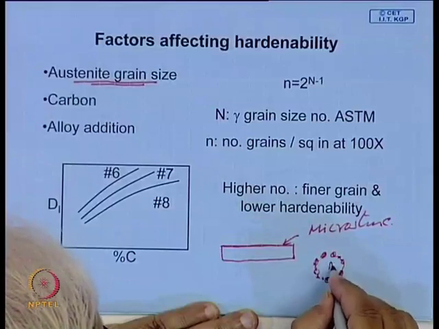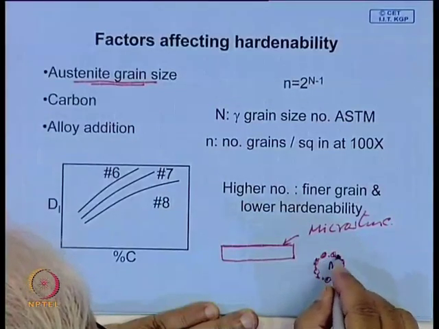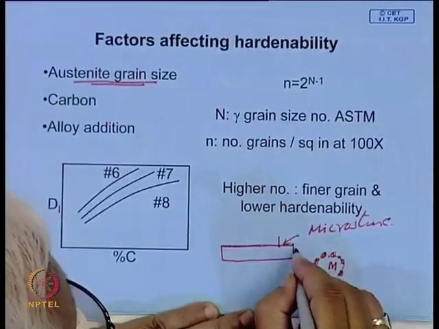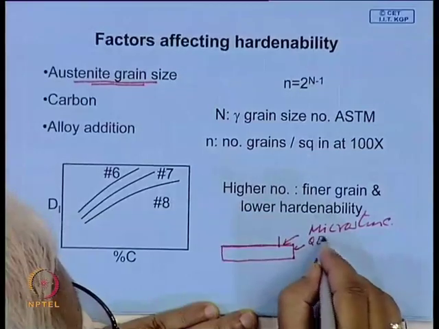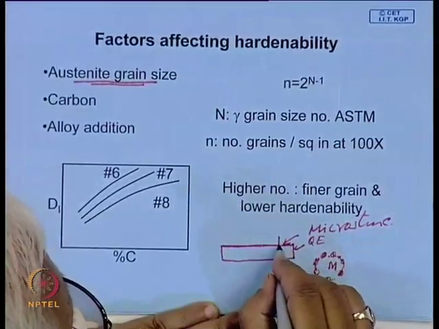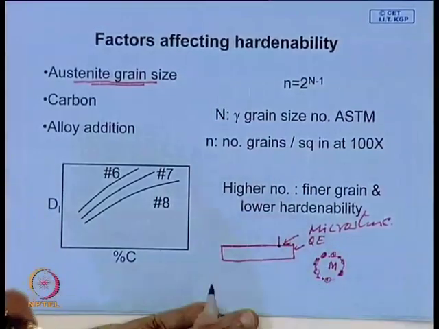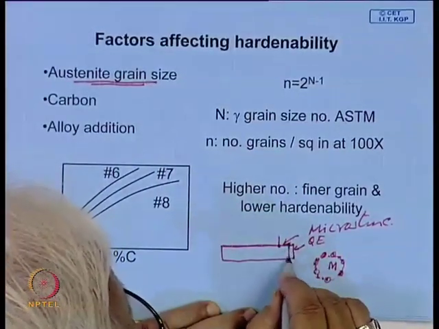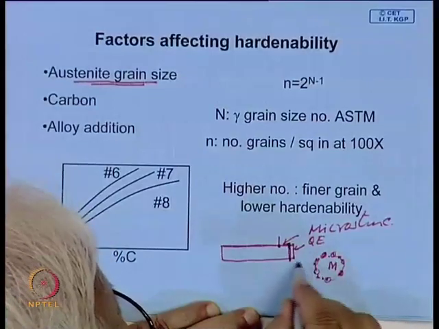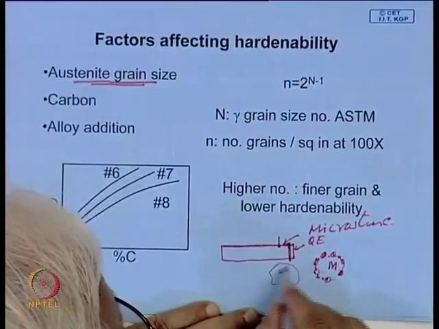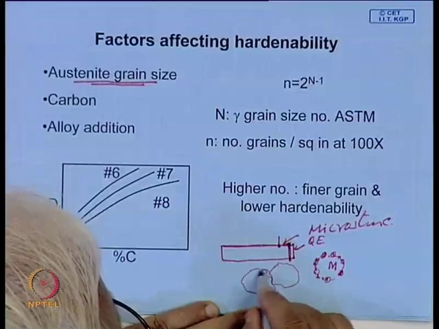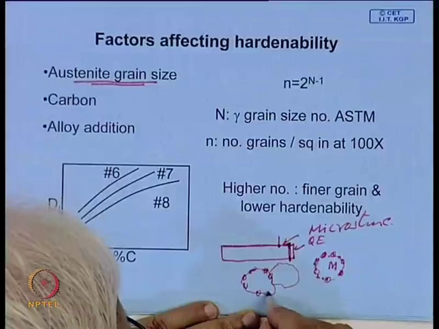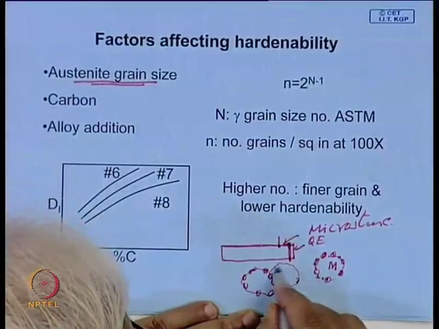So, here this portion is martensite. This will happen in the Jominy end quench, where this is the quench end. So, somewhere here this is 50% martensite. So, here it will be very difficult to find out the prior austenite grain size, but somewhere here you may find a microstructure where the prior austenite grain size will be marked by these pearlitic nodules.